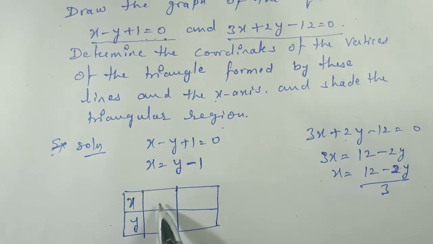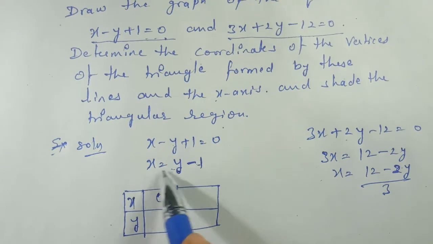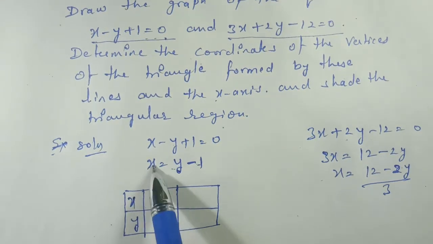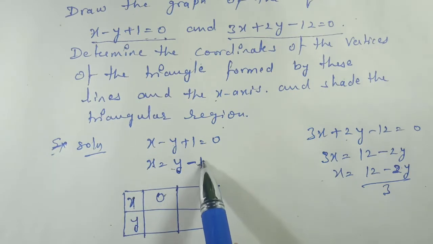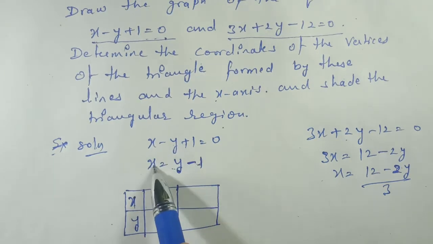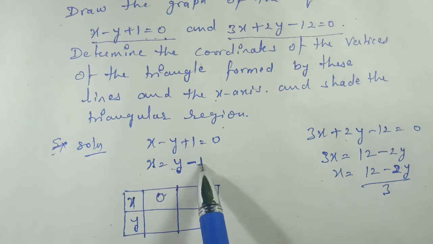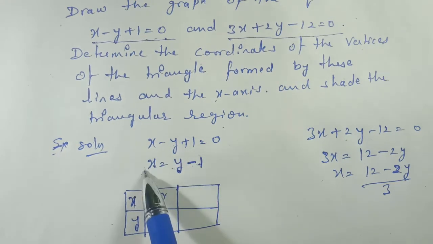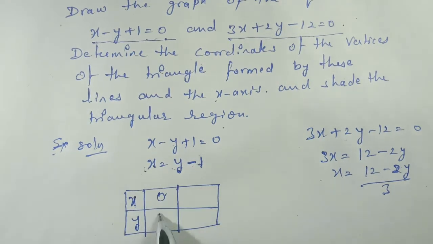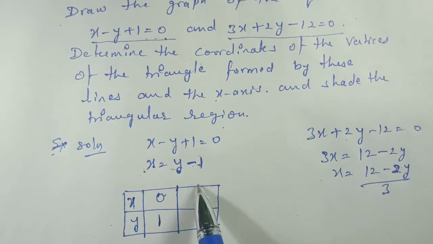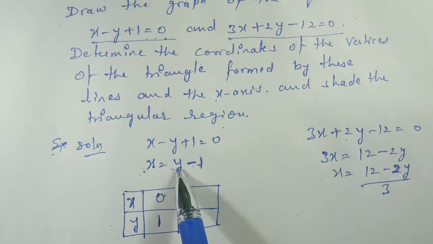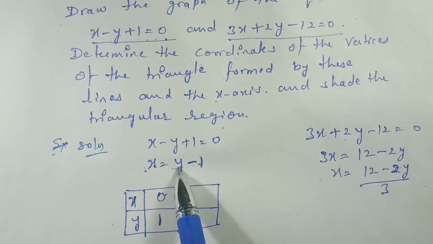Let us first take the value of x equal to 0. If we take x equal to 0, then on transposing y, this will become 0, and we transpose minus 1 to the other side, so this gives y is equal to 1. Next, let us take the value of y equal to 0.